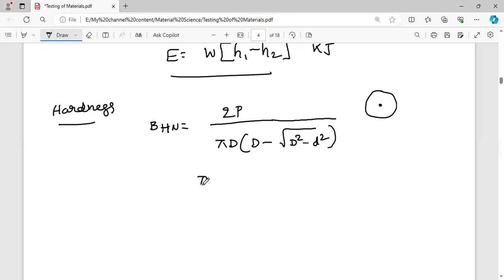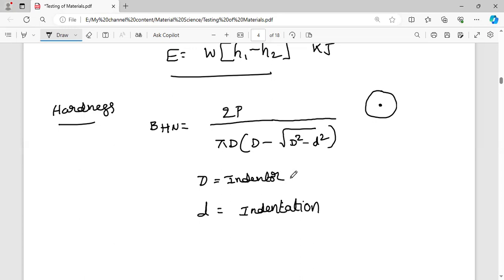Next, D is the diameter of the indenter, and small d is the diameter of the indentation. Observe the difference. So the Brinell hardness number is given by 2P by πD into (D minus the square root of D squared minus d squared). Okay.